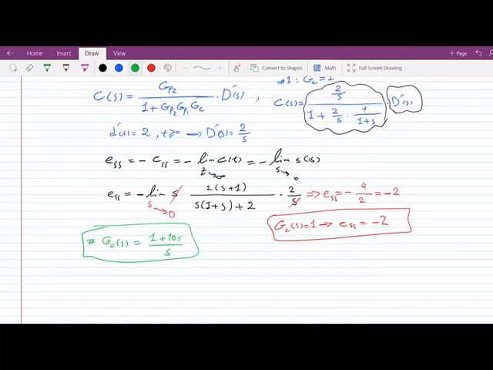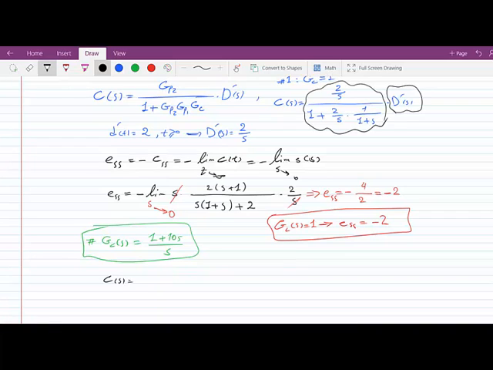We can form the C of s again, which will be this transfer function, Gp2, 2 over s, over 1 plus 2 over s times Gp1, 1 over (s plus 1), times Gc, which this time is (1 plus 10s) over s, times d prime of s, which is 2 over s.